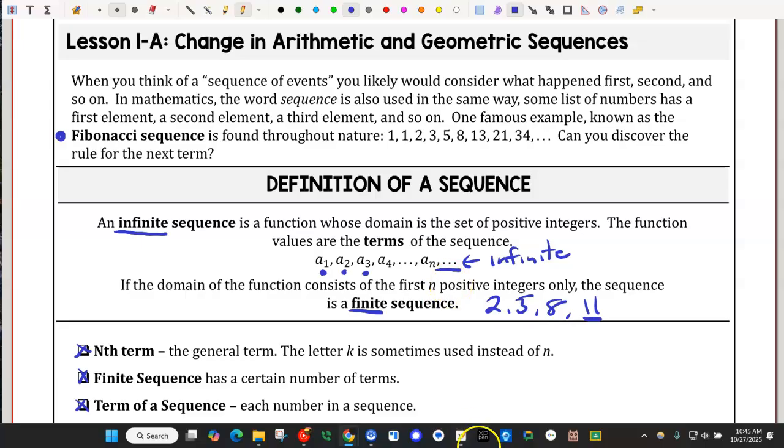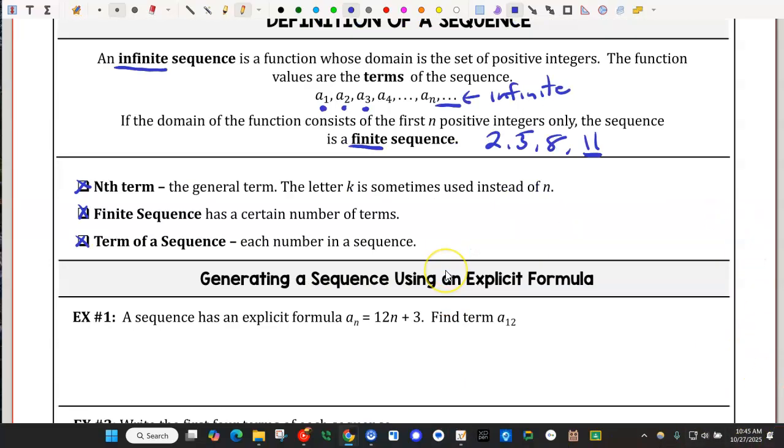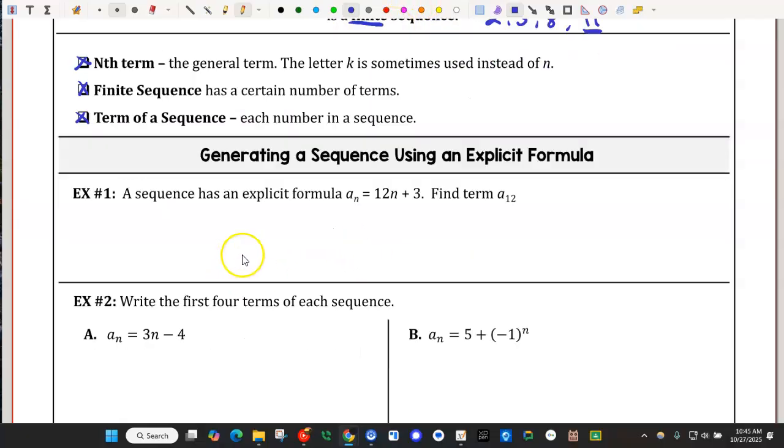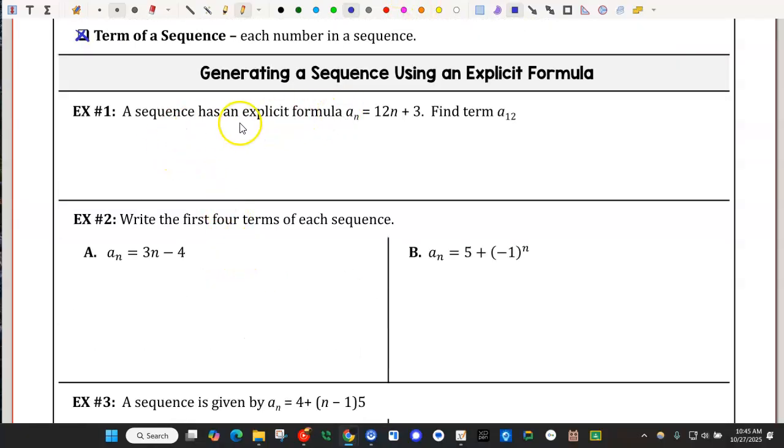Okay, so right here, moving down, is a typical sequence formula. This is called an explicit formula, which is very similar to slope-intercept form. So if you look at this and you think of a sub n as being like a y, this looks strikingly similar to the y equals mx plus b formula, which it is.